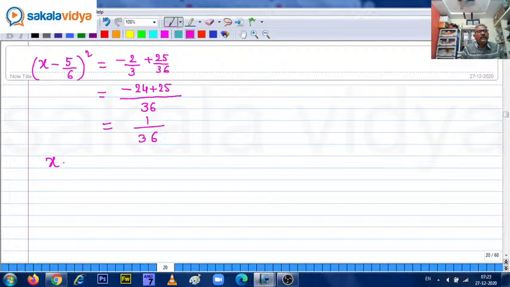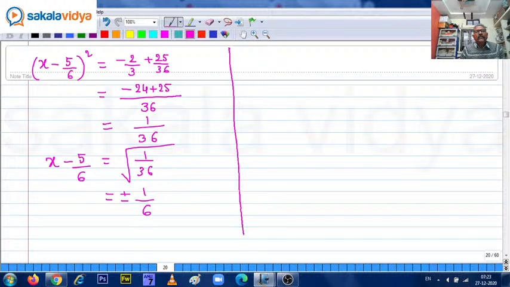So x minus 5 upon 6 equals to root over 1 upon 36. This will be plus or minus 1 upon 6. So now we can write x minus 5 upon 6 equals to 1 upon 6, or x minus 5 upon 6 equals to negative 1 upon 6.